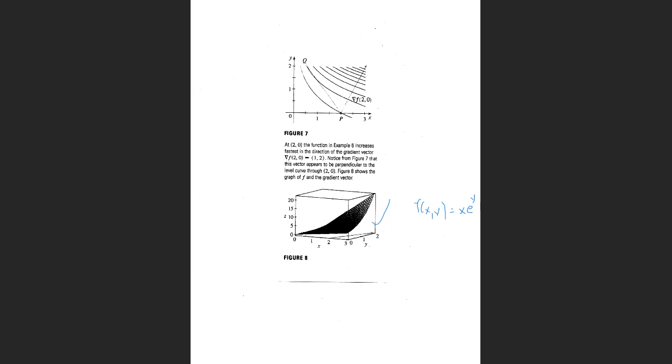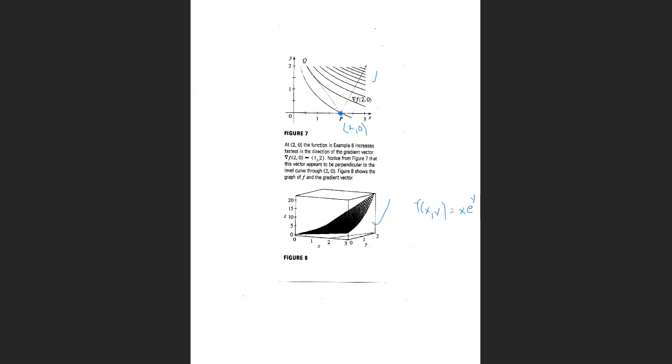That function clearly, if we're at the point 2, 0 and looking in the direction of 1, 2, is going to increase, and they're showing it. But what they have up top is really the most important picture. Here's the point P, which has coordinates 2, 0. And they've drawn the level curves for this surface as you move out from the origin. They've drawn a contour plot.